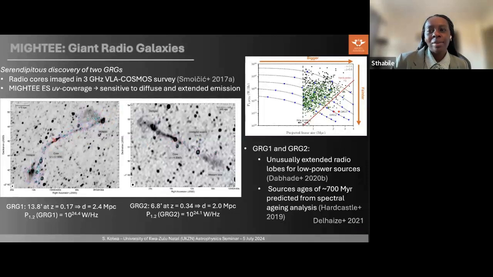A lot of it is assumption. You would assume that if this is the extent of the radio morphology, then this must be the radio core, if we consider this to be a Fanaroff-Riley 2 type of source. A similar procedure was applied to GRG2.